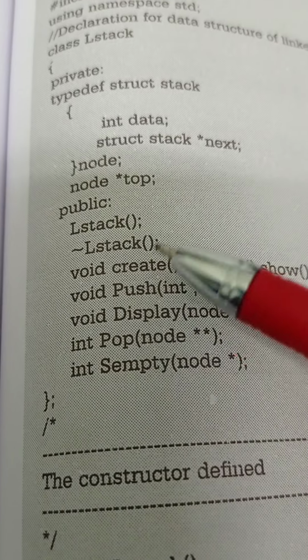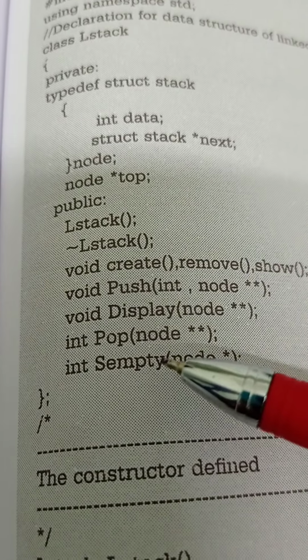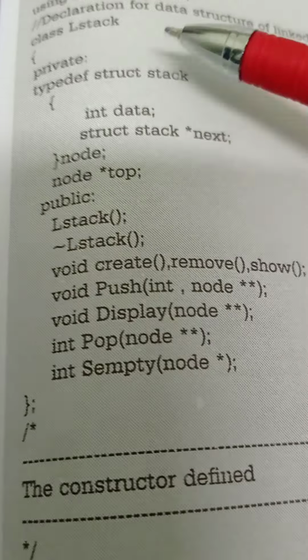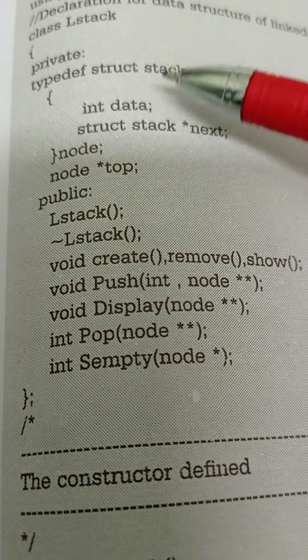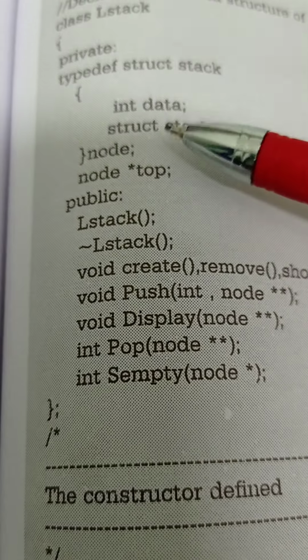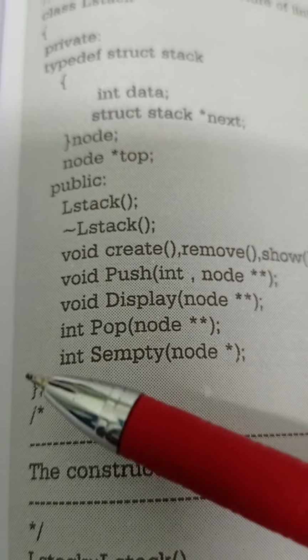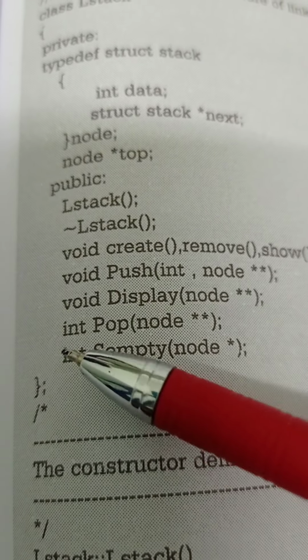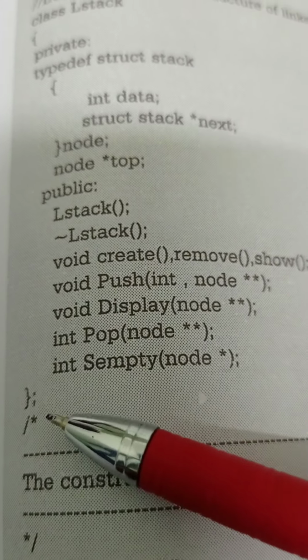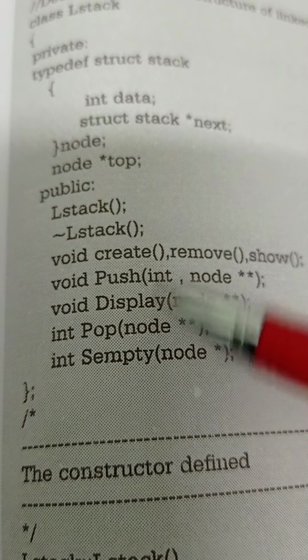These are the member functions. These are the public functions, and those are the private members of the class. Then the closing brace and semicolon mean the end of the class.